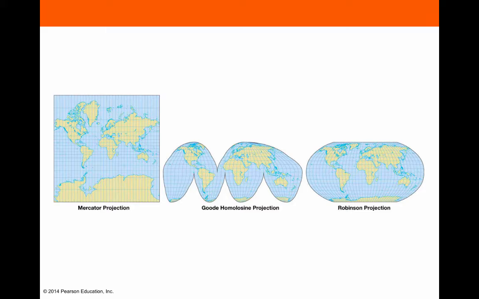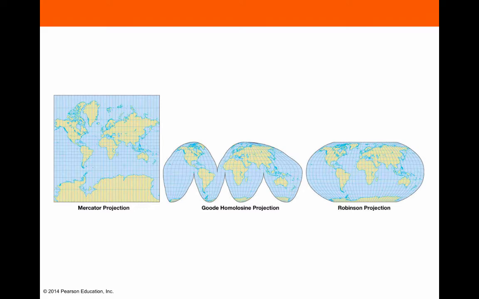When the eastern and western hemispheres are separated into two pieces, this is a characteristic known as interruption. The meridians, which are the vertical lines that in reality converge at the north and south poles, do not converge at all on the map.